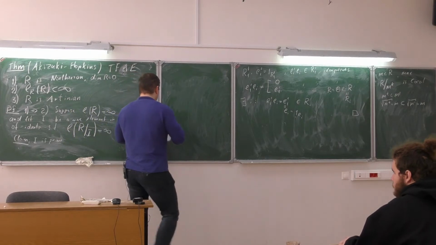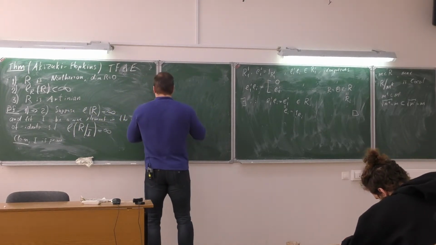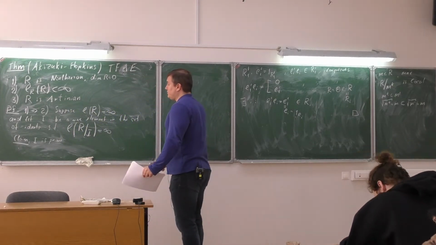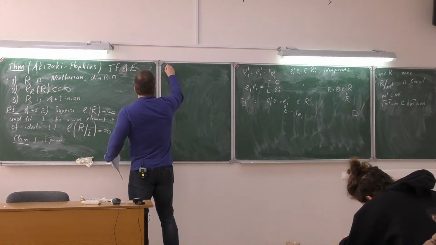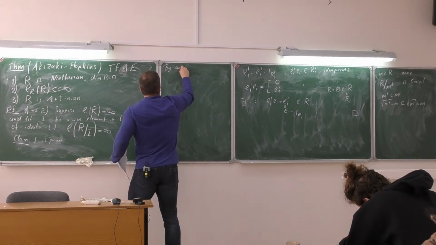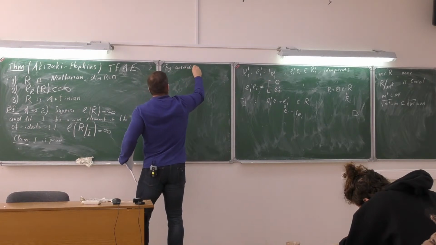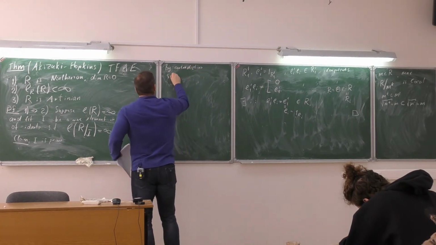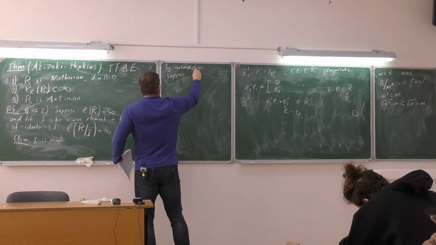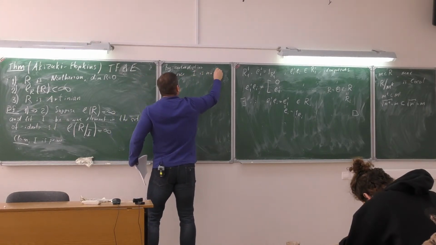Okay. So suppose by contradiction that I is not prime.